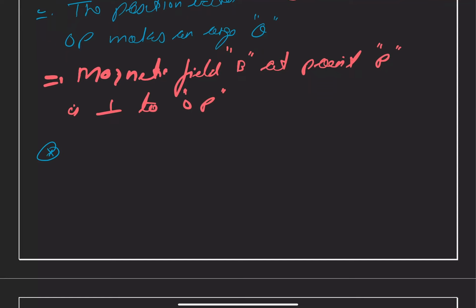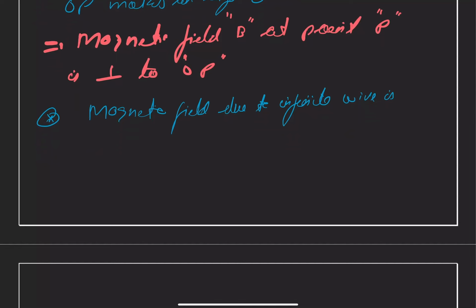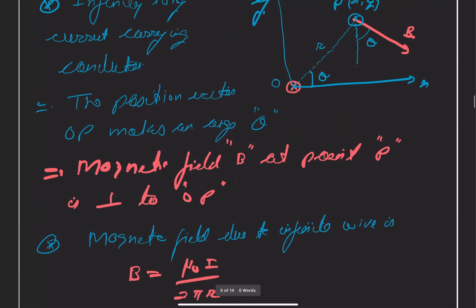So you can write that the magnetic field due to an infinite wire is B is equal to mu naught I upon 2 pi r, and we can divide this magnetic field B into two components.